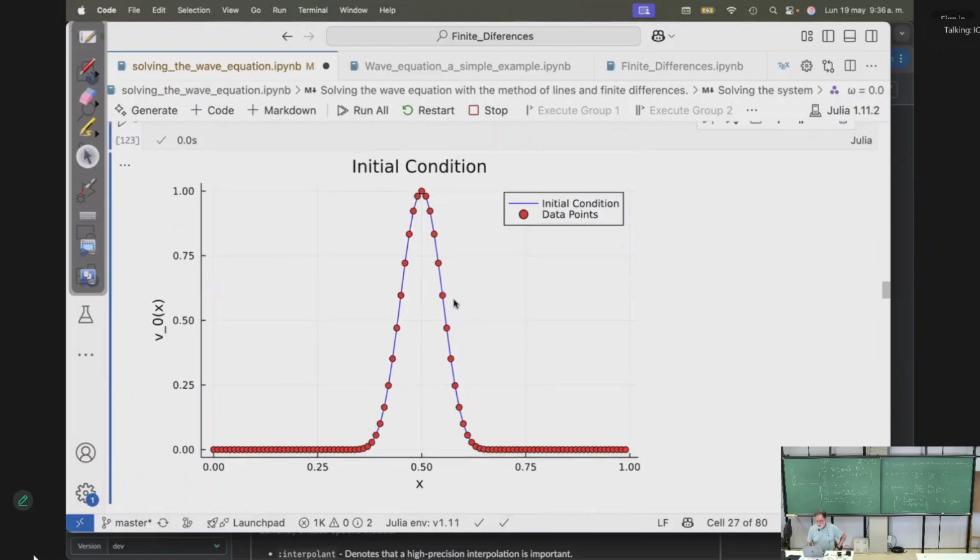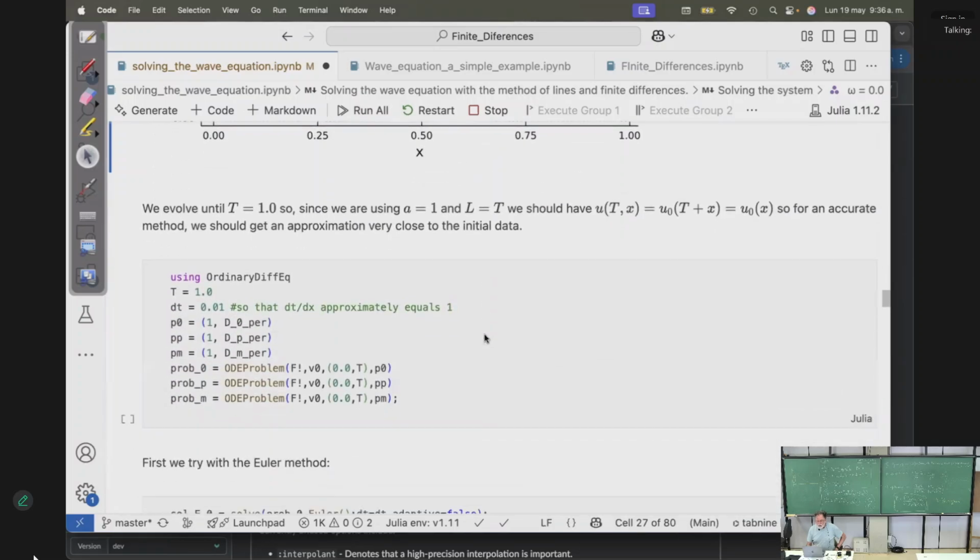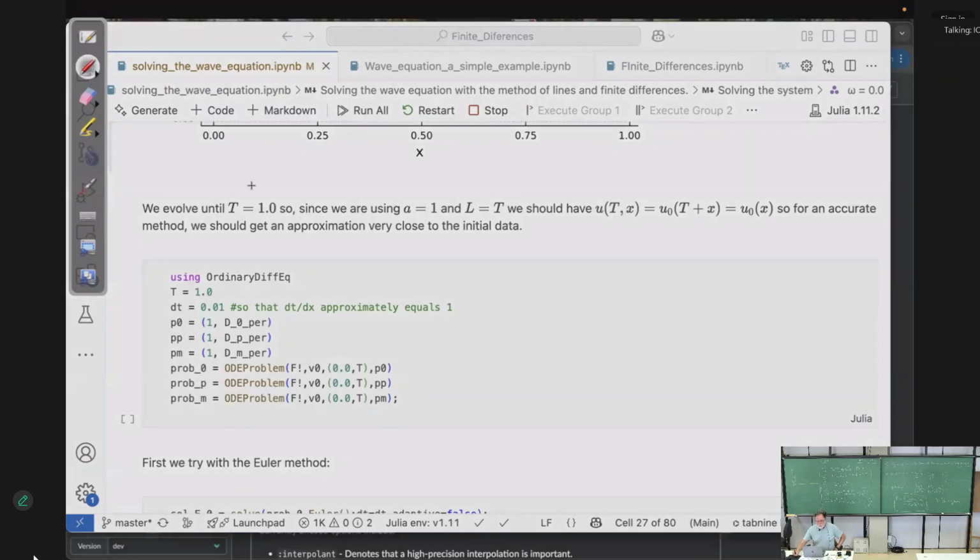So the actual things are the red ones. So we are going to evolve until t equal to 1. Since a is equal to 1 and L is equal to 1, we should get that this in here is the same as this in here.